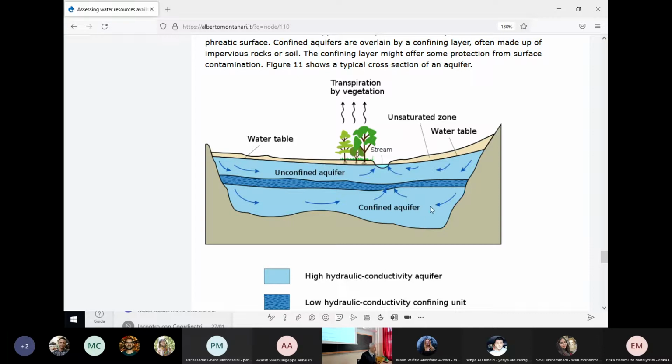You see that there are some arrows that are directed perpendicularly to this layer of reduced permeability, because indeed aquitards may be layers with reduced but not zero permeability. So if you have a reduced permeability, it means that you may have some exchange of water between the confined and unconfined aquifer. And this exchange is extremely important.